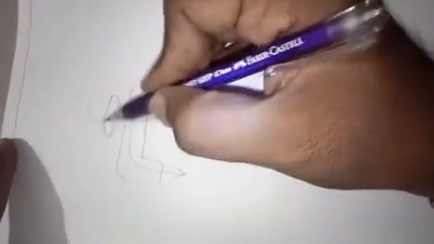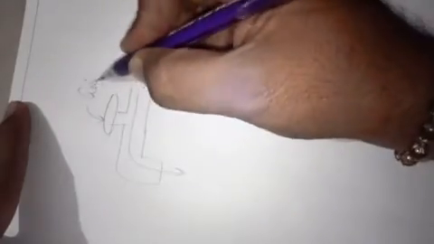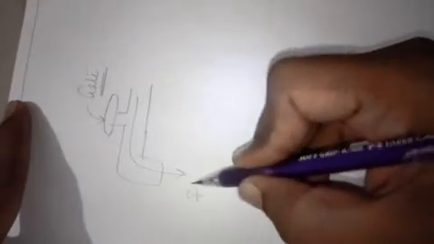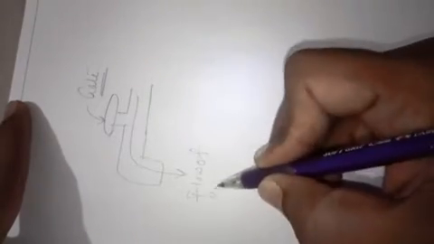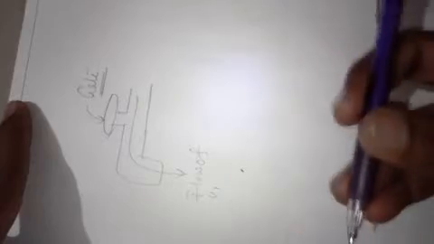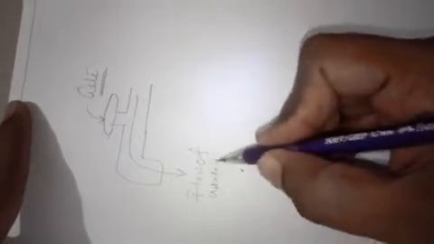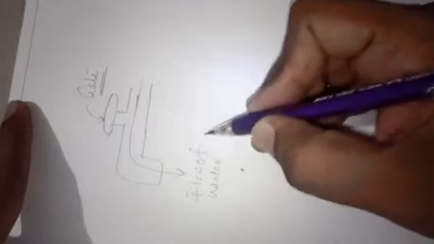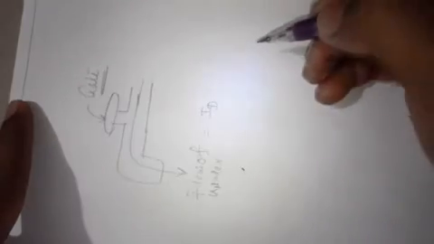So how can we understand it in a very easy way? Suppose here is a tap which controls the flow of water. The tap is like the gate which controls the flow of water, equivalent to ID, the drain current.